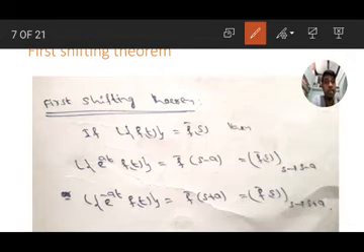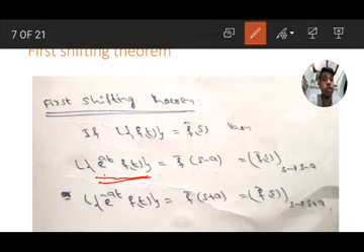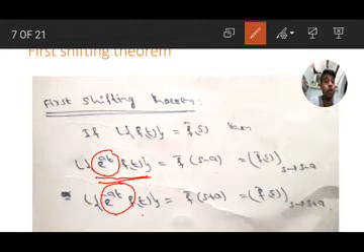This first shifting property we will use where we have to find the Laplace transform of e to the power of at into f of t, or e to the power of minus at into f of t, means the functions which are multiplied with e to the power of at or e to the power of minus at. Then we use this first shifting property. If it is plus at, f bar of s minus a.